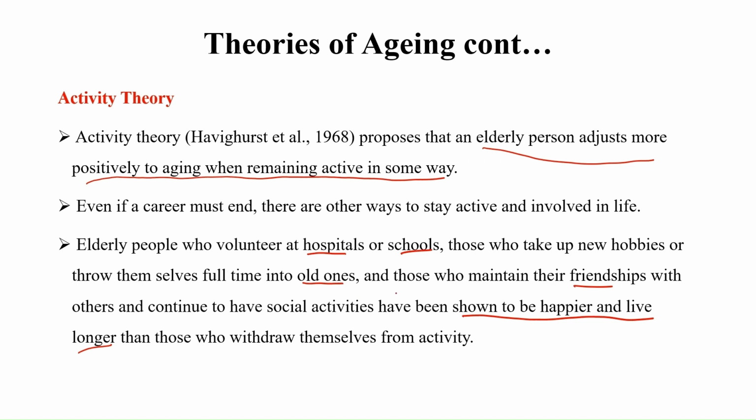This is how an individual takes aging, how active they are in their later stage of life, and how they look at aging at that older age. So these are the four types of aging theories which we have discussed.